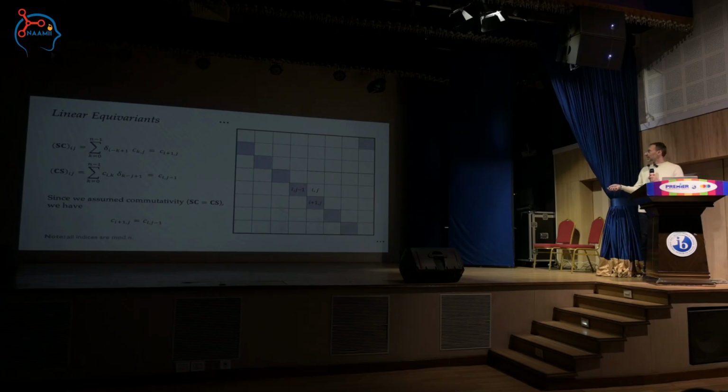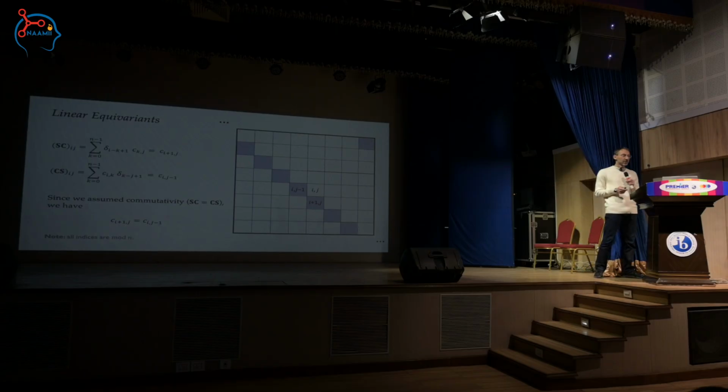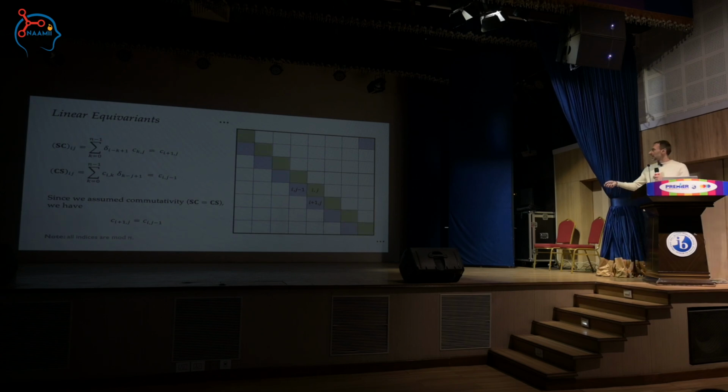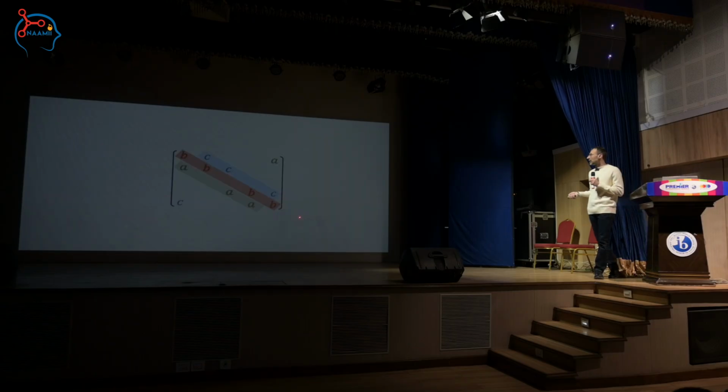So it means that basically all the elements of this diagonal, and the modulo n element of the diagonal, must be the same, right? So the conclusion from the commutativity requirement implies that all the elements on the diagonals of the matrix must be the same. So same goes here, and so on and so forth, right? So we obtain a very special matrix where the elements of the diagonals are exactly the same.